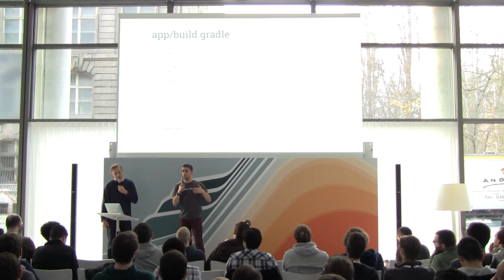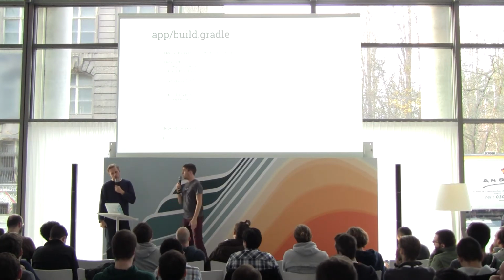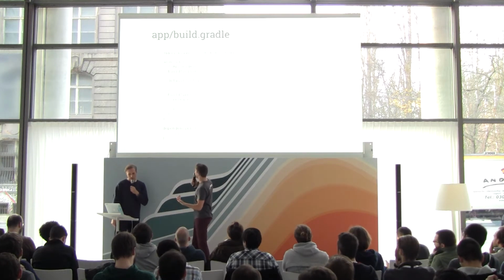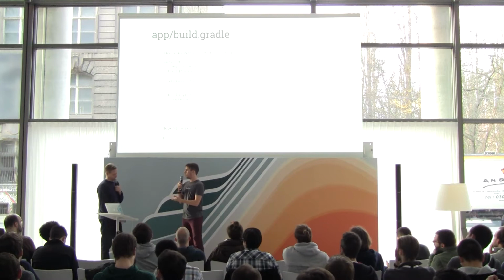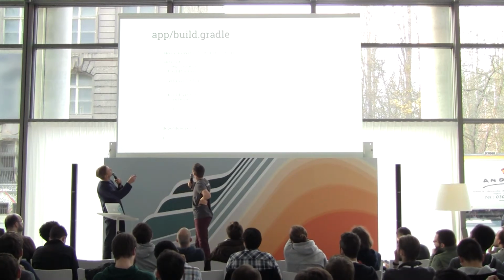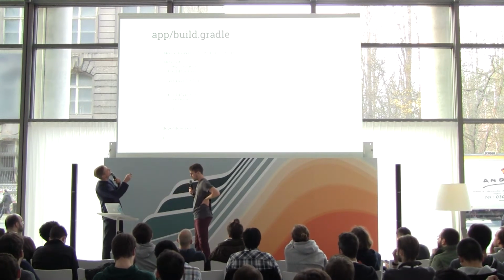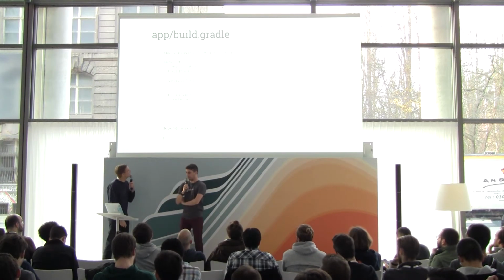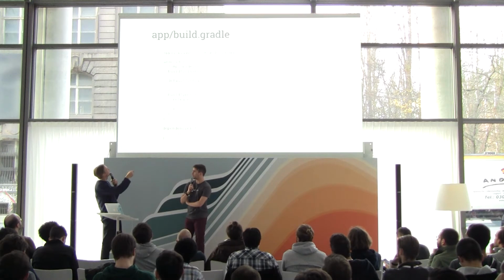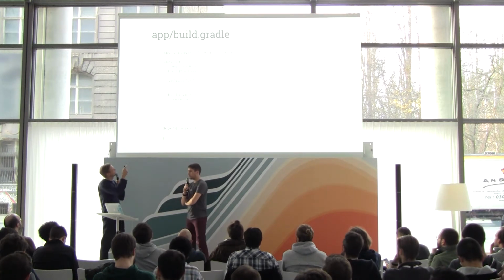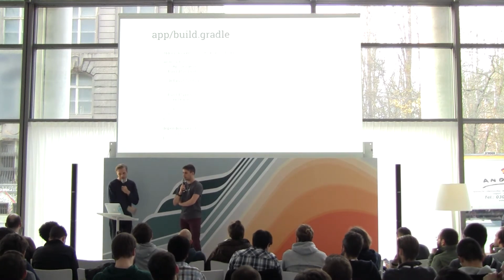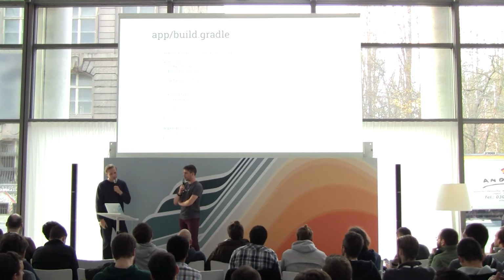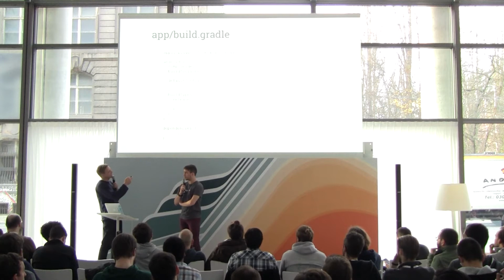It's mostly declarative: you see an Android closure, and you apply the plugin, which is the Android plugin. So the Android build system is just a plugin into the Gradle build system, and then we just tell the build system our specific needs for the build. There's no task, it's a declarative build system. And what's interesting is that it's all just Groovy code.